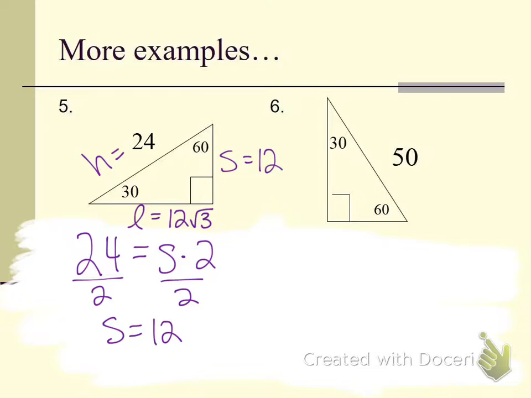Okay, if you got 5 done, 6 should have been pretty easy because, again, they started you off with the hypotenuse, which means the short side is 25, and the long leg is 25 root 3.